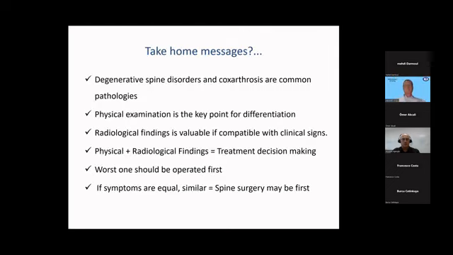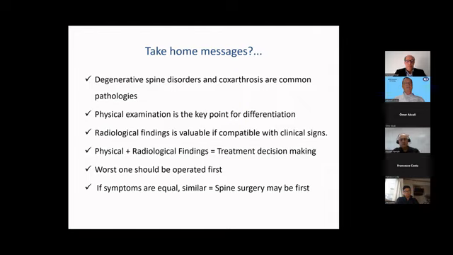What are the messages to take home? Hip degeneration is generally accompanied in different forms of degenerative spine disorders. Physical examination is very important for differential diagnosis. Every spine surgeon must know how to do hip examinations, such as FABER tests, FADIR tests, because radiologic findings sometimes may not be compatible with clinical complaints, which may lead to wrong surgeries.